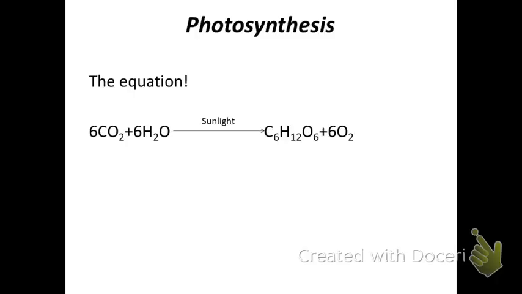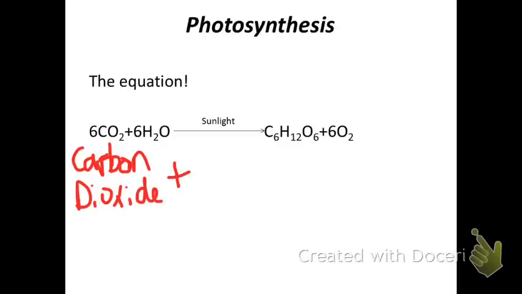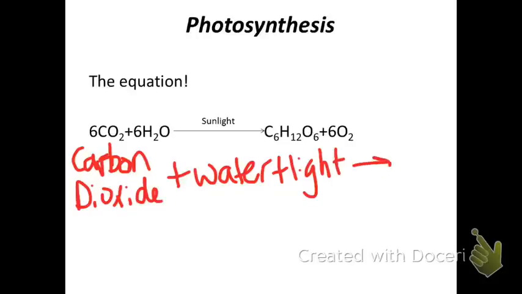Alright, so here's our equation. Go ahead and make sure you write this down, and I will expect for you to have this memorized. So our equation is 6CO2. CO2 stands for carbon dioxide, plus 6 water plus light is going to give us C6H12O6, this is our chemical formula for glucose, plus oxygen.